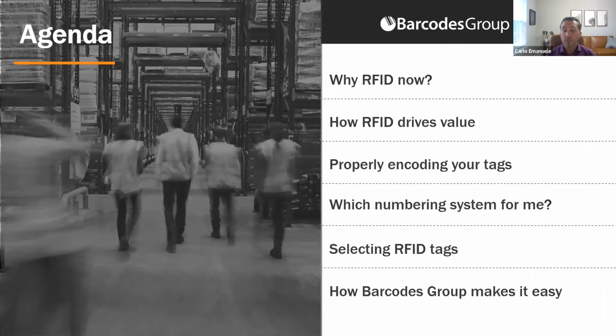And then I will close this out with, after some of the complexity that you hear around RFID, the need for it and how to implement it, I'll discuss a little bit how Barcodes Group really makes it easy to evaluate what the need is in your particular organization, how we can help define solutions, and then ultimately make it easy to implement.